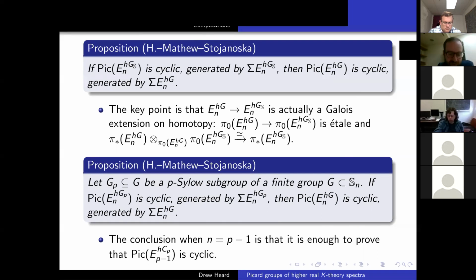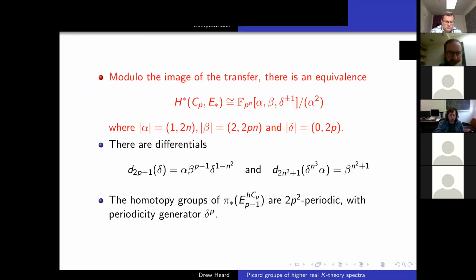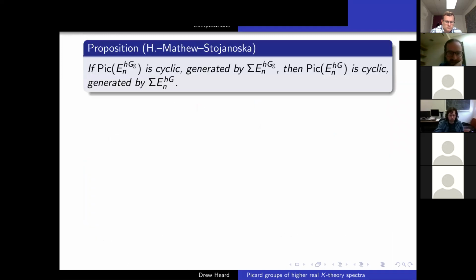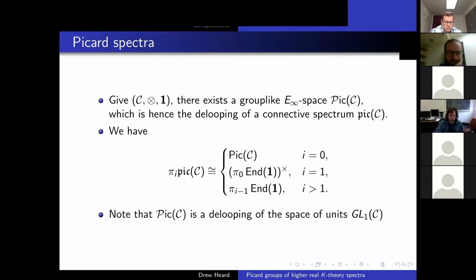So in order to prove the result that we claim for any finite subgroup, it's actually enough to prove this for the case where G is C_p itself. In this case, from this Picard spectrum, we'll note that the homotopy groups, once i is greater than 1, are just the homotopy groups of the spectrum itself.